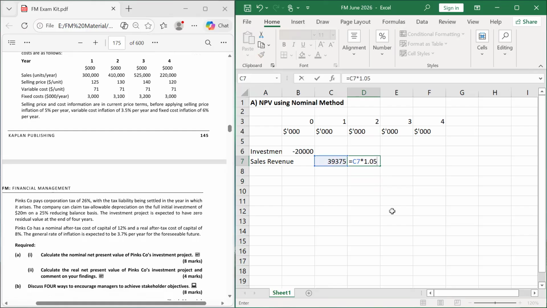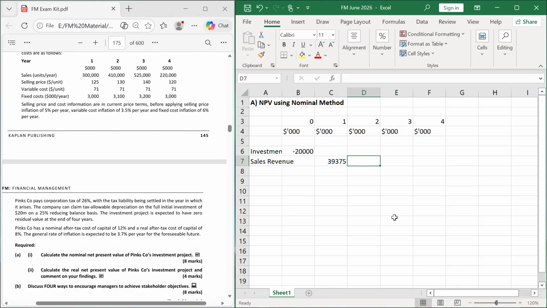So just multiply the previous year figure with 1.05 to get the after inflation cash flow. Or wait a second, in this case we have to follow the simple method, because sales units every year are different.